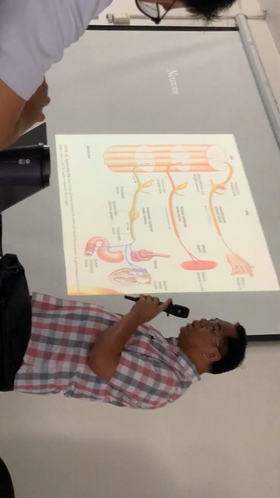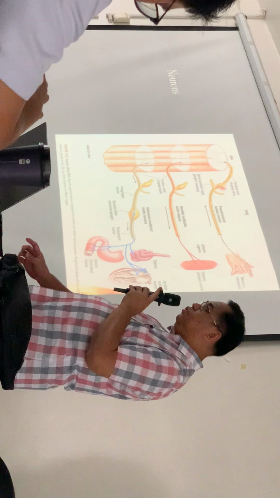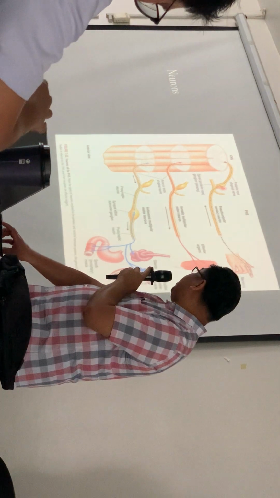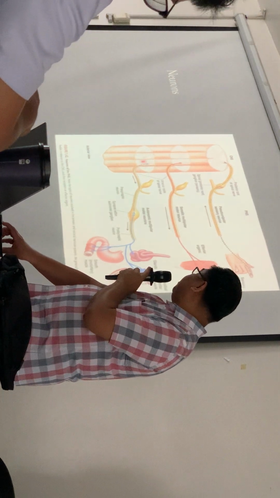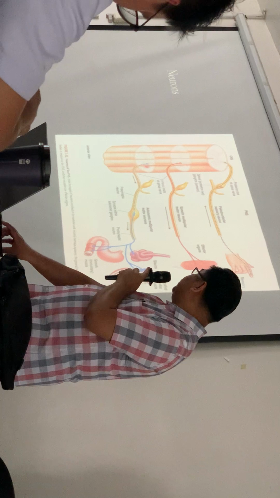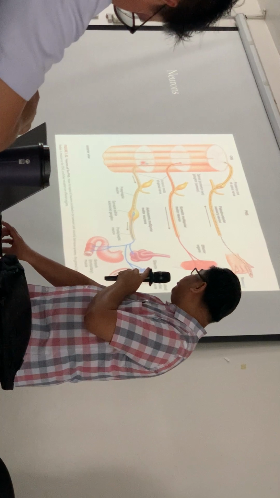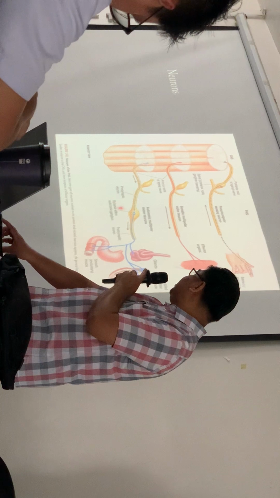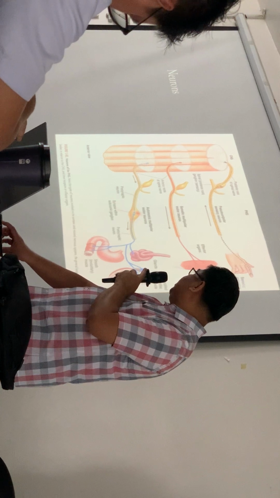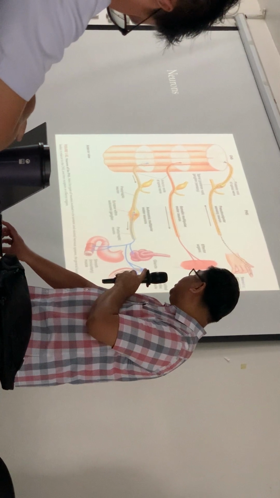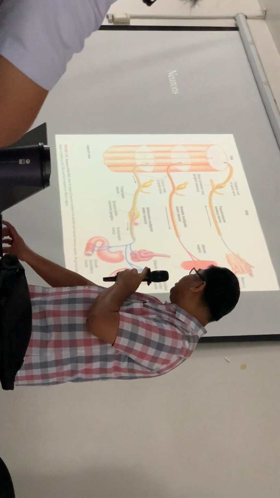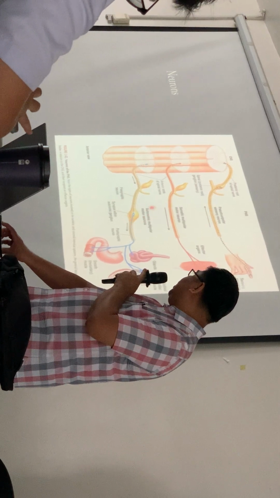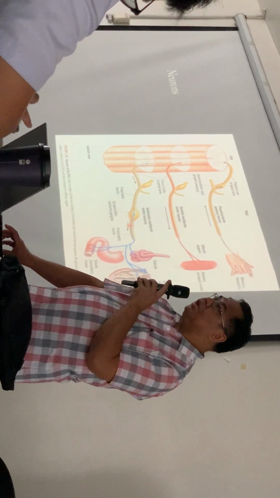And then we also have autonomic neurons, which are two neuron pathways. So there is a presynaptic neuron in the spinal cord, which sends its signal to the cell body of the postsynaptic neuron here. The postsynaptic neuron cell body is in a peripheral autonomic ganglion.